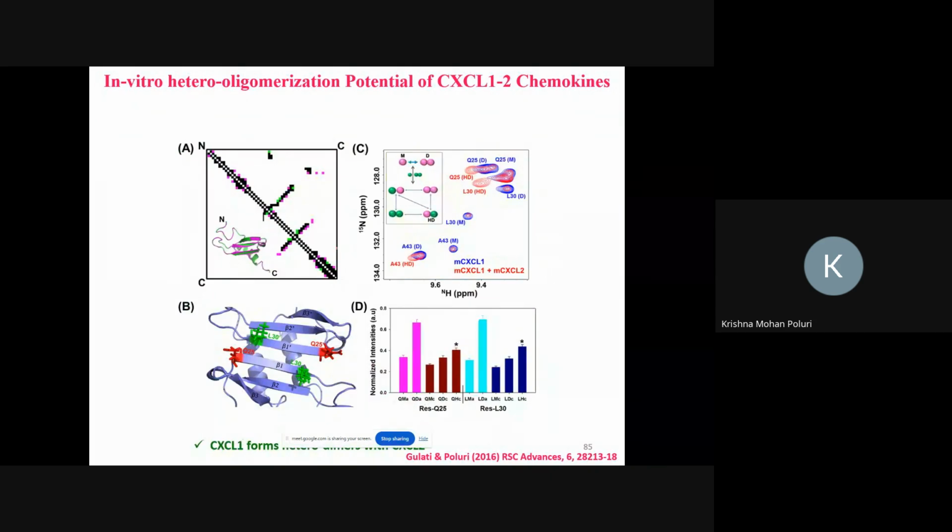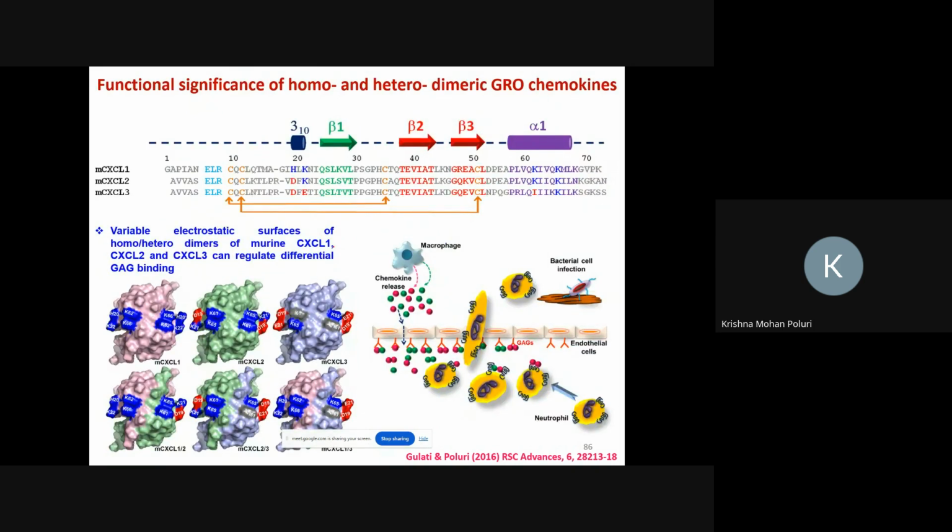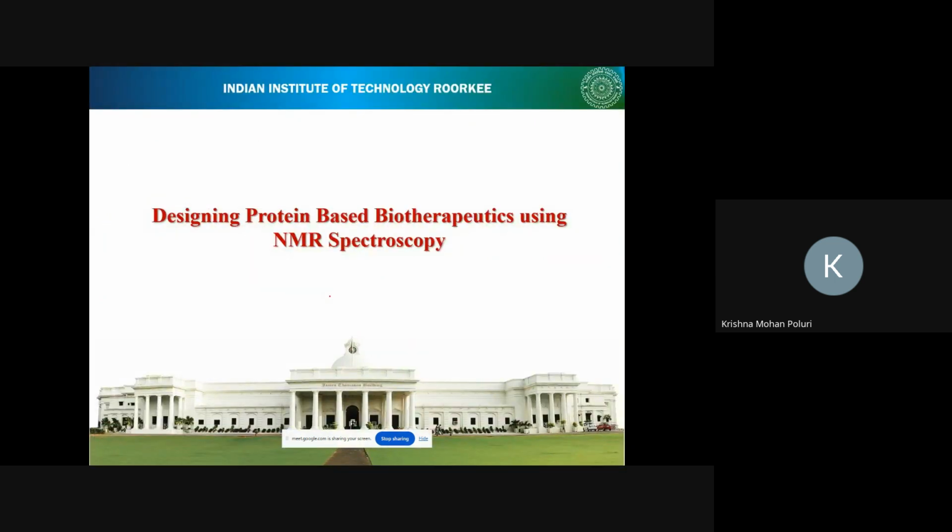So you can check how these dimers form, and you can make homodimers, heterodimers, and so on and so forth, and essentially you can talk about how the mechanisms happen inside biology by using comprehensive studies of these NMR-based ligand interactions and so on and so forth.